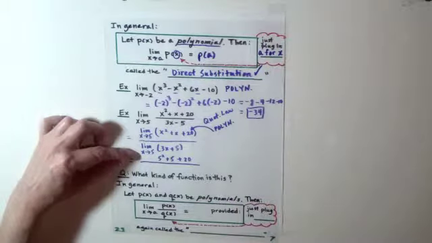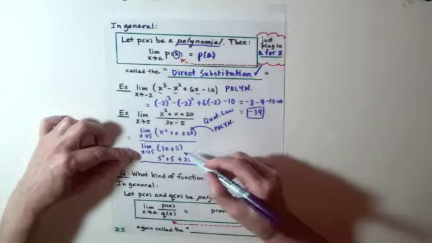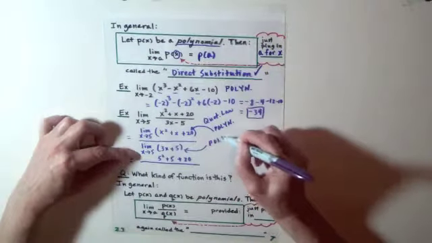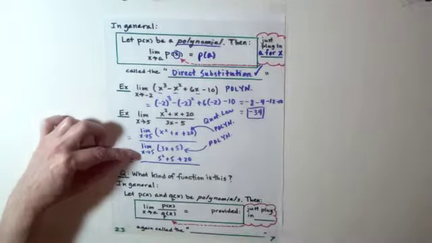Now let's consider the bottom. 3x minus 5 is also a polynomial. So I can also use direct substitution in the denominator.